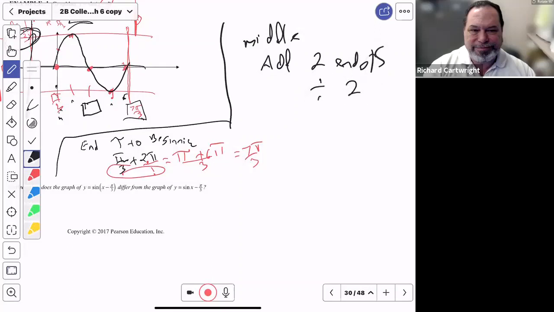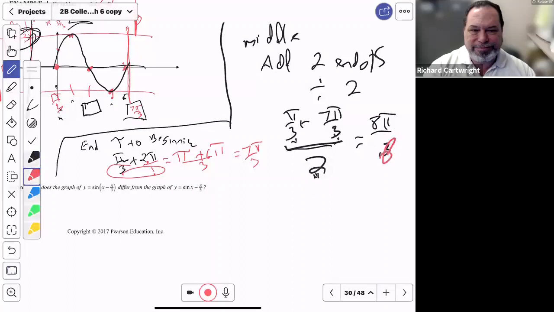That's an average. So here goes. Pi over 3 plus 7 pi over 3. Take that divided by 2. Good news. Common denominator. That's 8 pi over, I want to say 3. But because I'm dividing the whole thing by 2, that 3 really becomes a what?